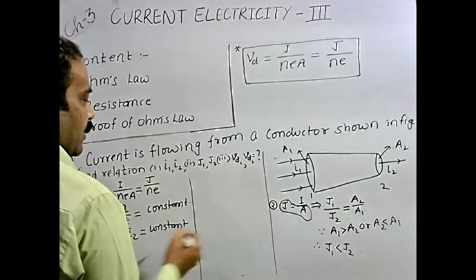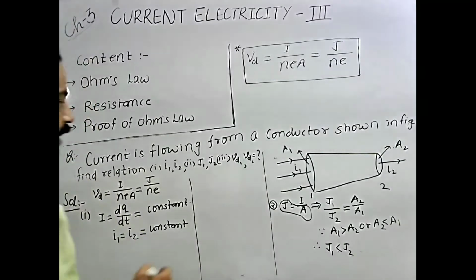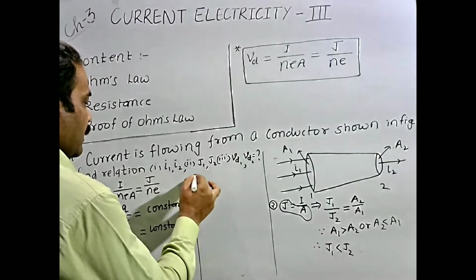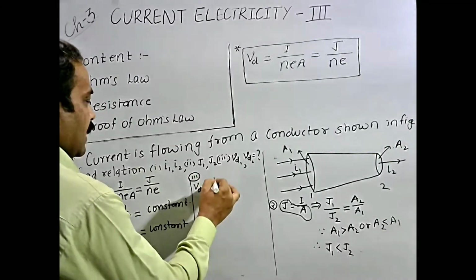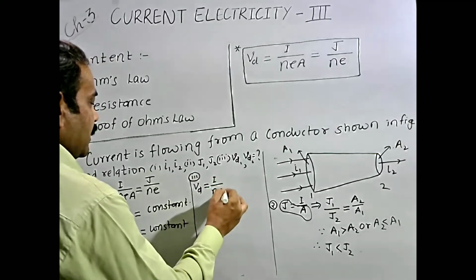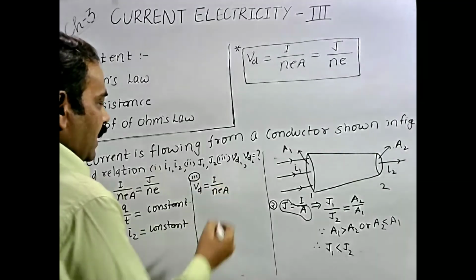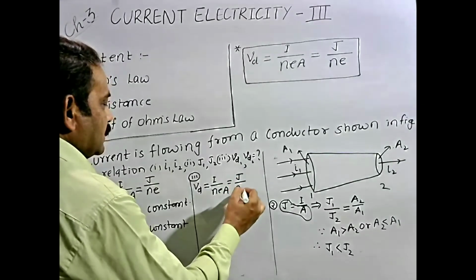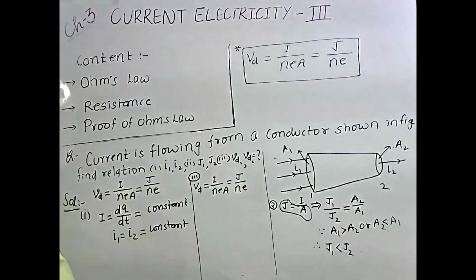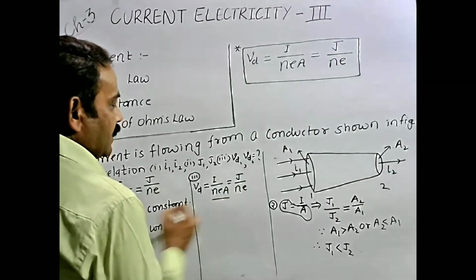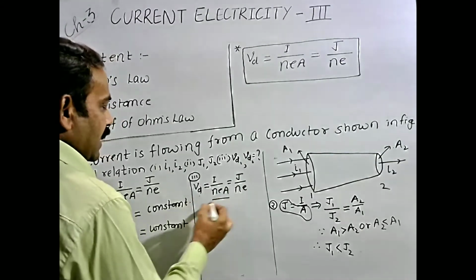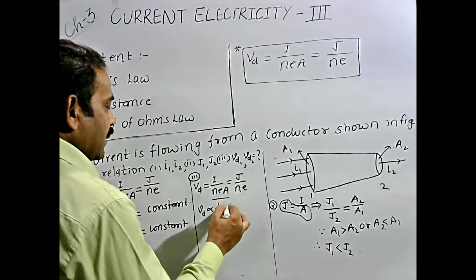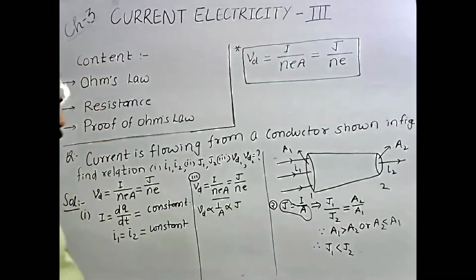So this is our second relation, and third relation we have to find a relation between drift velocities from these two cross sections. As I discussed, drift velocity VD, this is third relation, VD is equal to I upon NEA, and this is equal to J upon NE. So from these two relations you can see VD is inversely proportional to A or directly proportional to J. Clear?